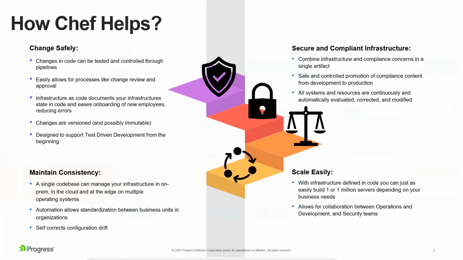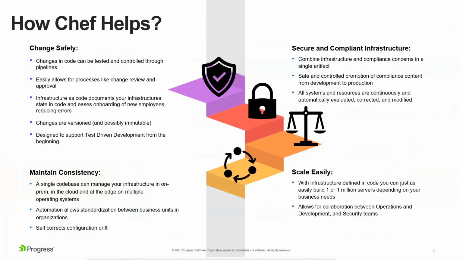And certainly, last but not least, is scale. This is where Chef really shines, and it's our ability to scale. Like it says here, you can build 1 or build 1 million systems, depending on the needs.